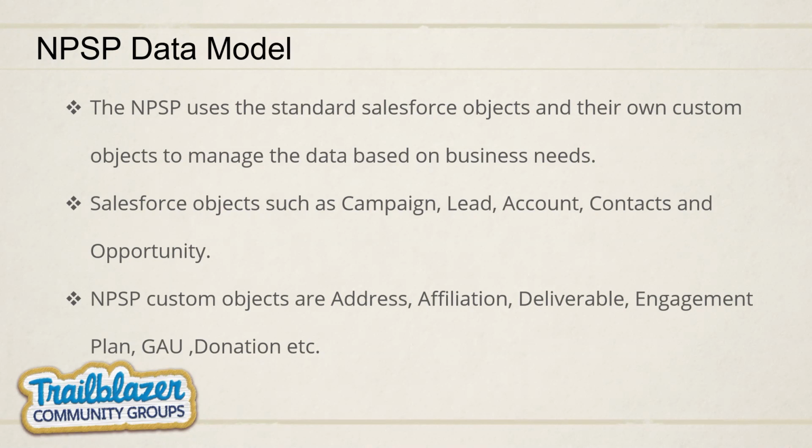NPSP's default package has custom objects such as address, affiliations, deliverable, engagement management, and GAU, donation, etc. They are for different kinds of address management. For example, whenever I create one new contact for myself, I can also create new contacts for my neighbors and my siblings.